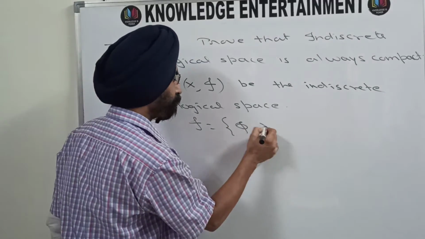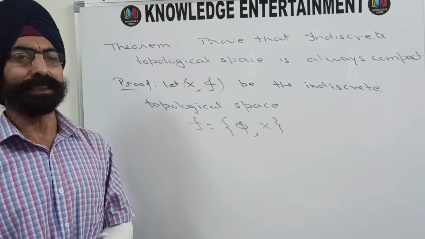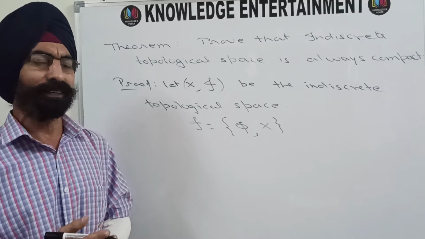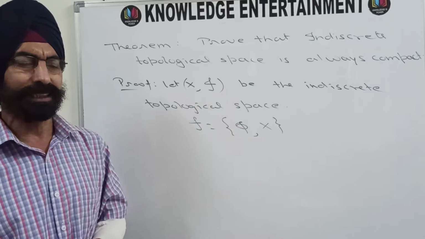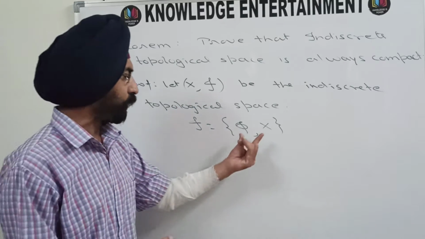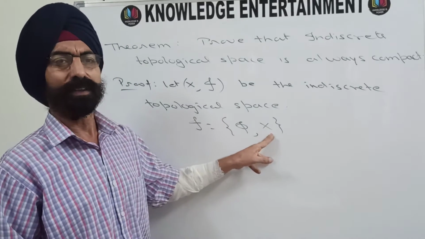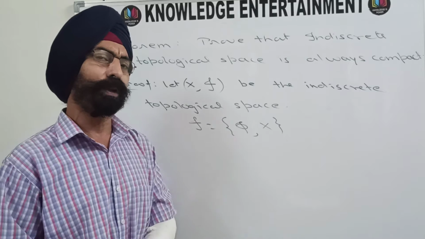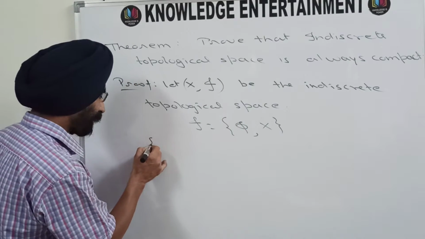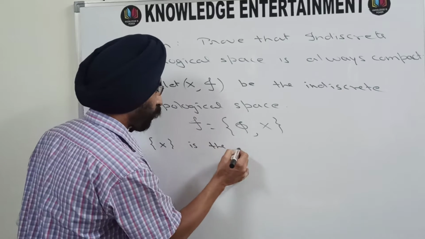One is the phi, other is the set X itself. So there are only two open sets. So if we will talk about an open cover of the space X, then the open cover will contain only one set, because there are only two sets. So only one set will be there, that is X itself, which will form the open cover for the set X.